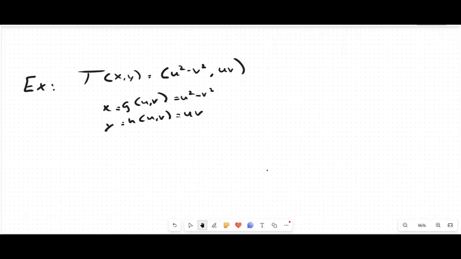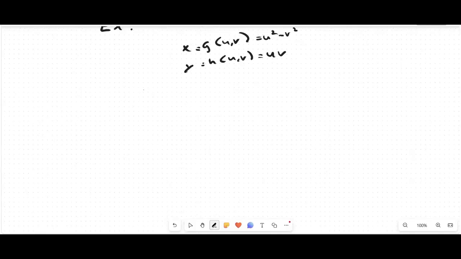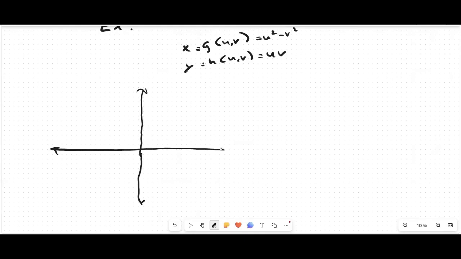So the question that they're asking us here is the following. If I start in u and v, and I draw a triangle, so here's u, here's v. Let me make sure I do the one that they want. 0, 1.